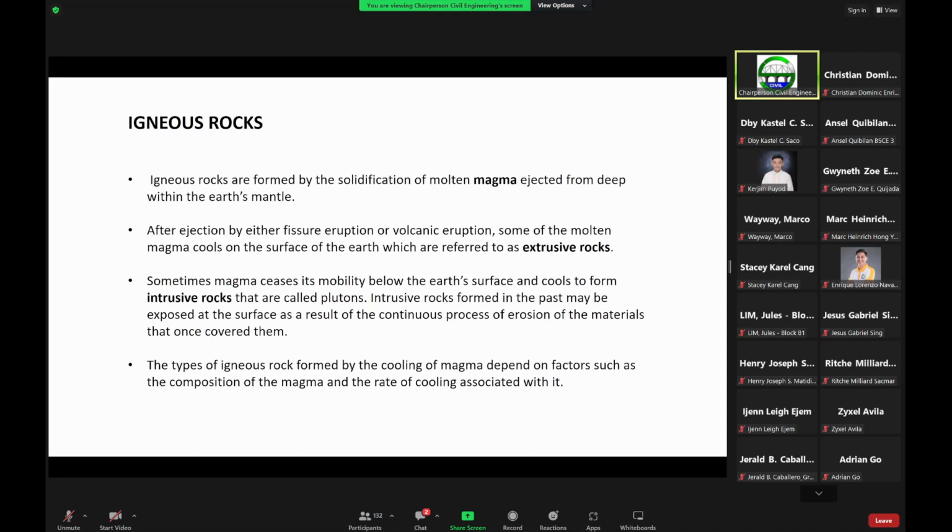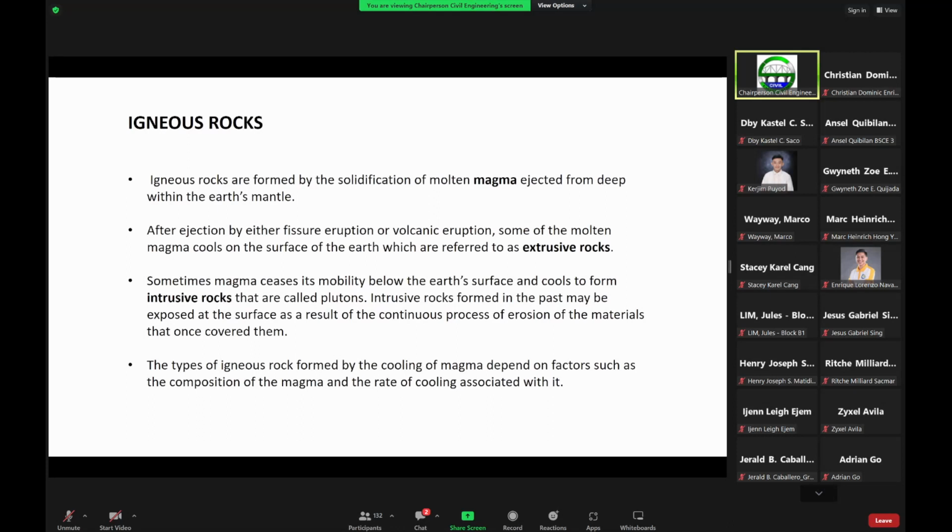Now, intrusive rocks formed in the past may be exposed at the surface as a result of the continuous process of erosion of the materials that once covered them. The types of igneous rock formed by the cooling of magma depend on factors such as the composition of the magma and the rate of cooling associated with it.